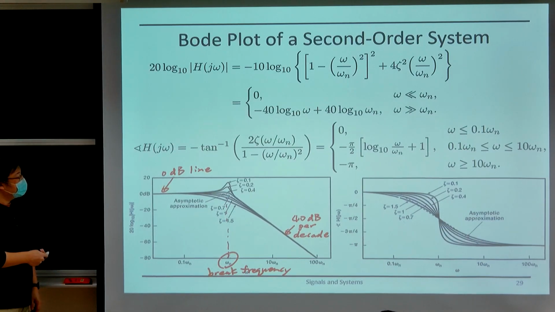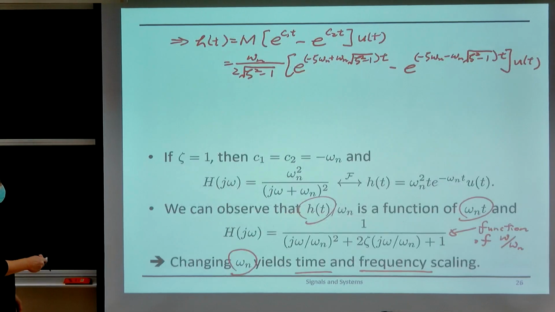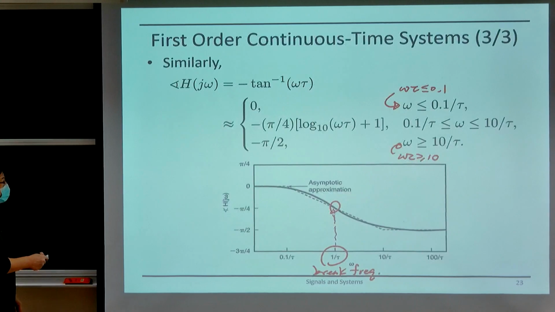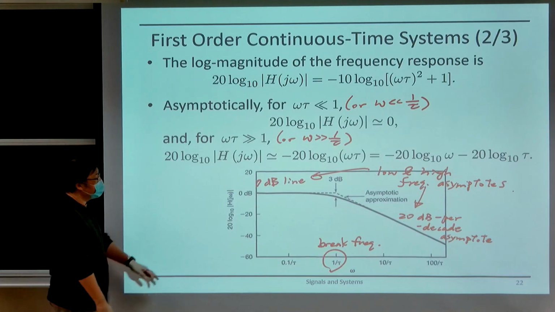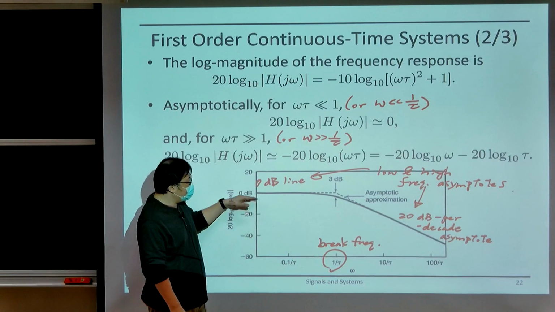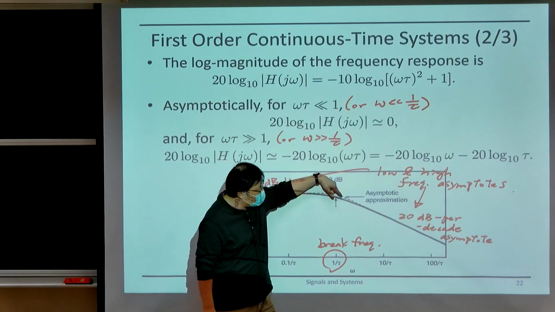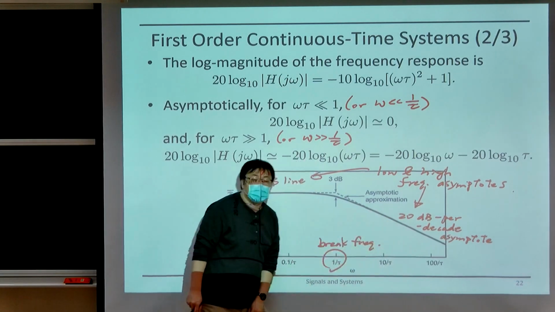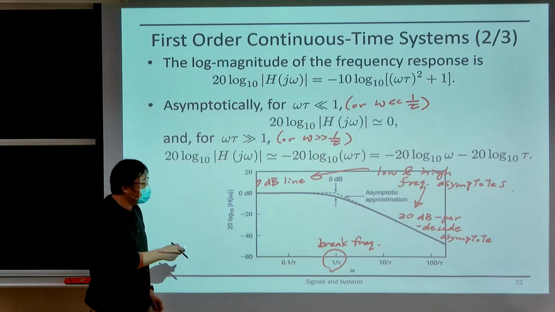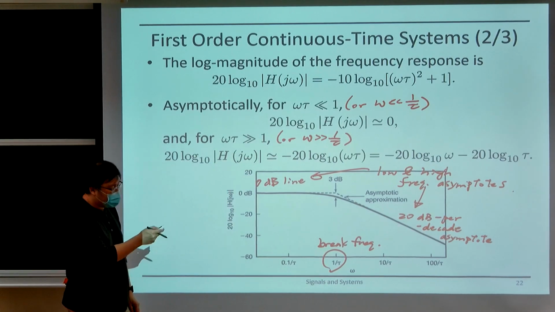If you compare with the first order system, instead of having 0 dB and then a 20 dB per decade slope after the break frequency, we now have a 40 dB slope.